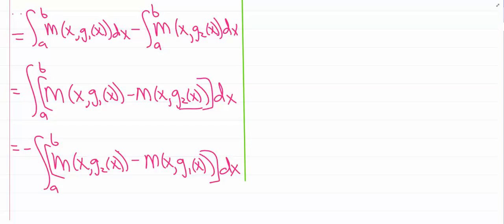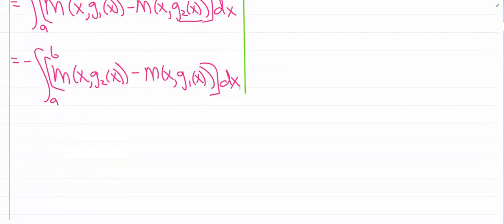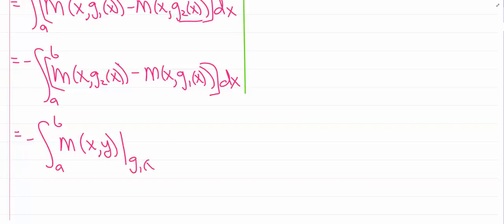So I've not done anything special here. I'm just kind of playing around with the properties of integrals. Now, I want to look at something else here. Look at this. You notice that I could rewrite this this way. I could say this is going to be M(x, y) as y goes from g1 of x to g2 of x.